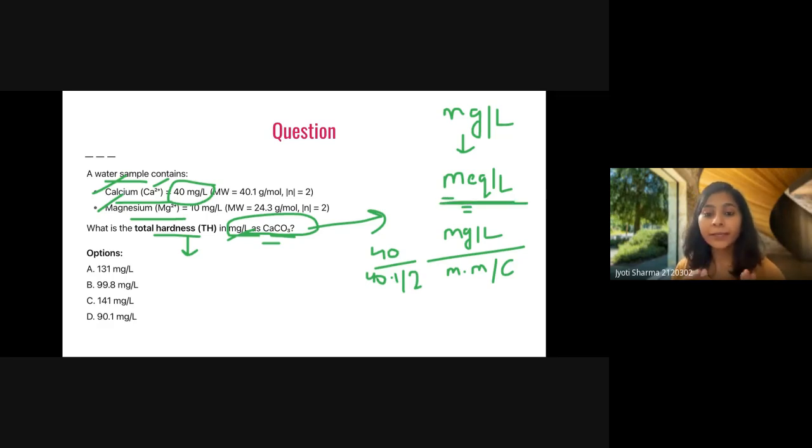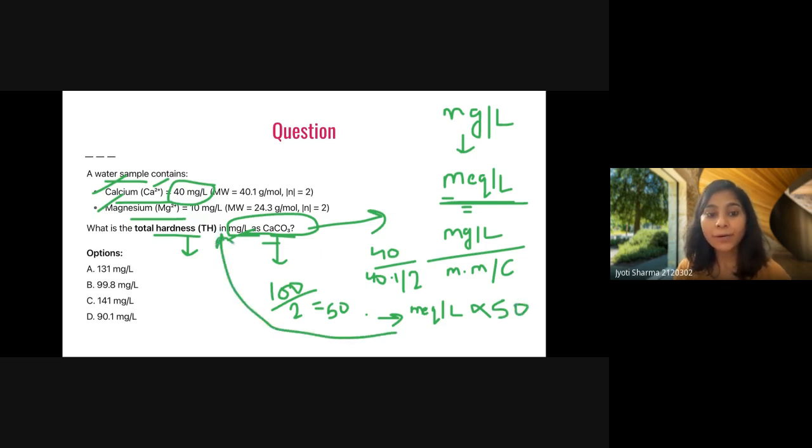Then the next thing we have to do is, because we know that for calcium carbonate the molar mass is 100 and the charge is 2, this will be 50. So whatever value we have of milli equivalent per liter, multiply by 50, and that will give you mg per liter as CaCO3.